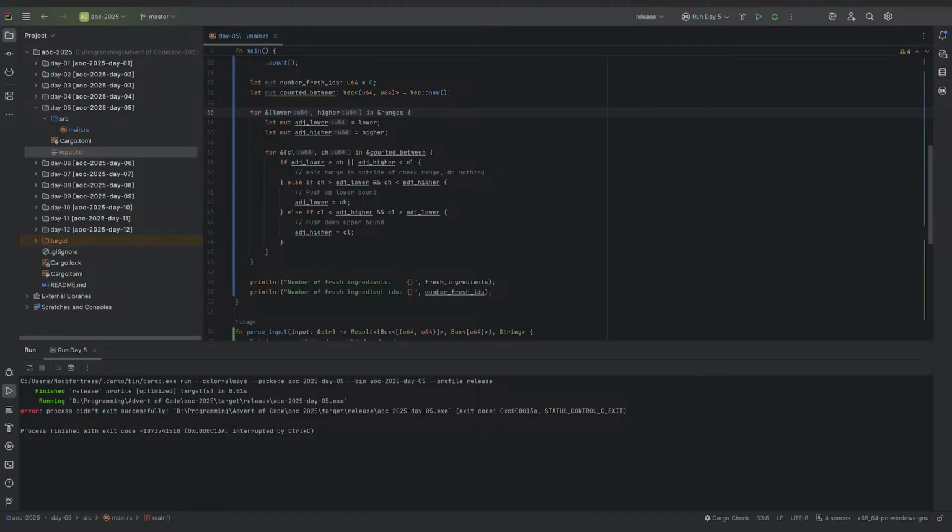How do you label a for loop? Oh, right. Colon.